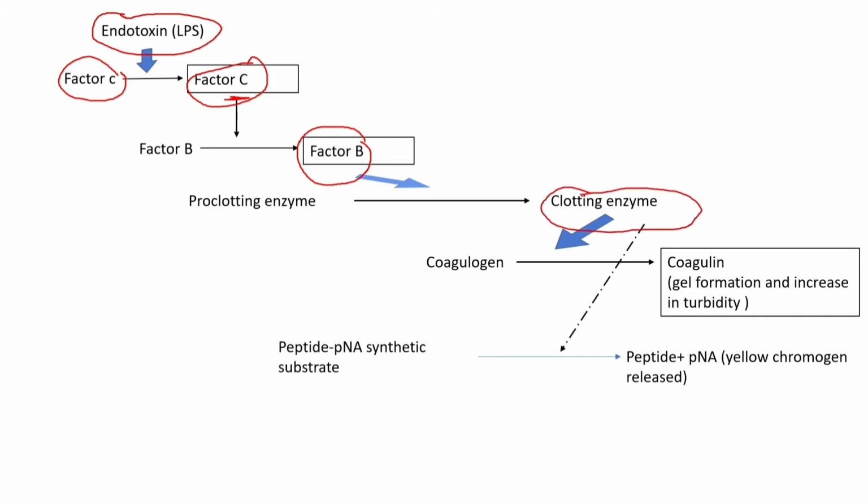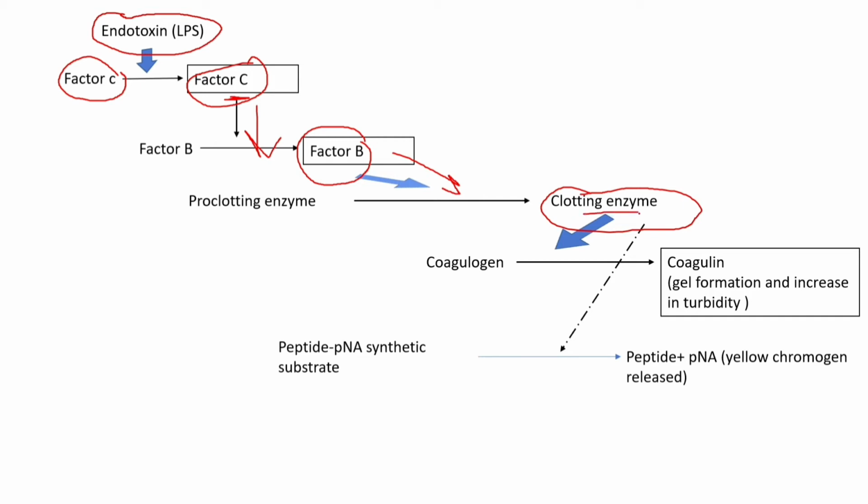So first it activates factor C, which is a serine protease precursor, then it activates factor B, and then factor B activates the proclotting enzyme into the clotting enzyme.